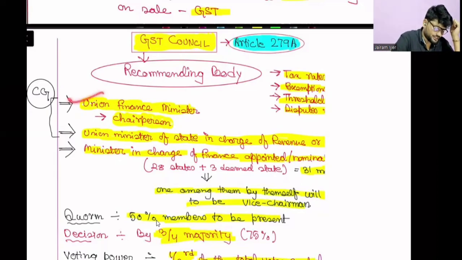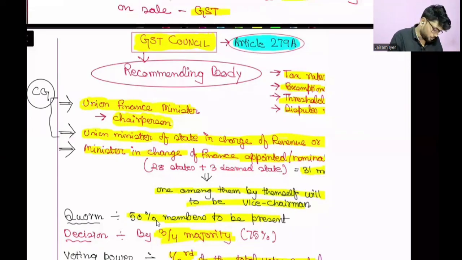The chairperson is the Union Finance Minister, then the Union Minister of State in charge of Revenue, and then the Minister in charge of Finance, meaning the Finance Minister of every state or any person nominated by that state. So 28 states plus 3 deemed states, 31 members in total.